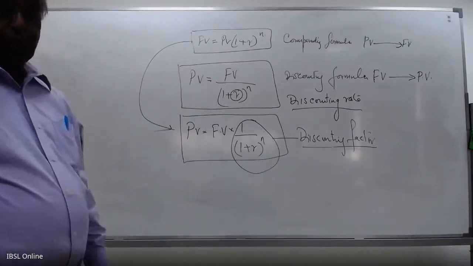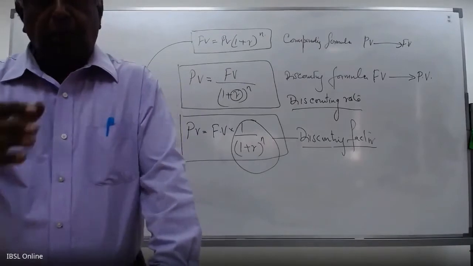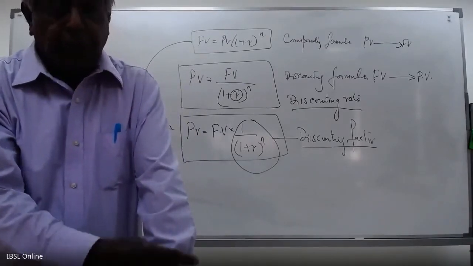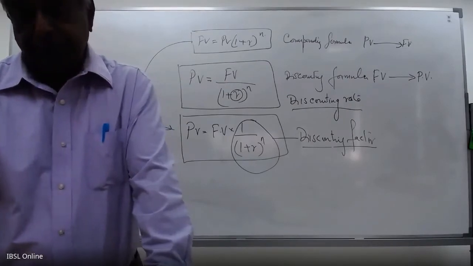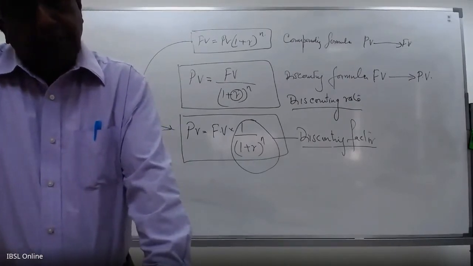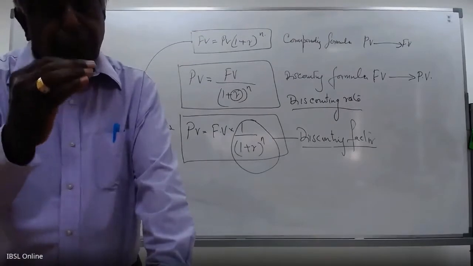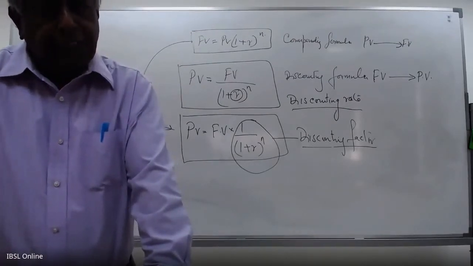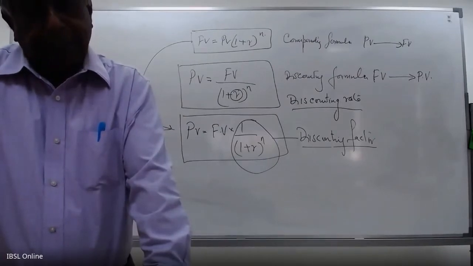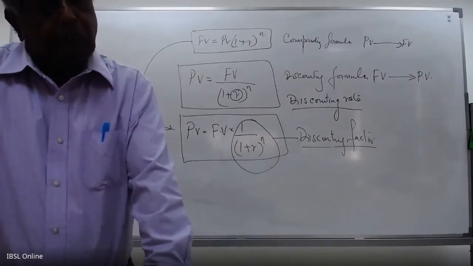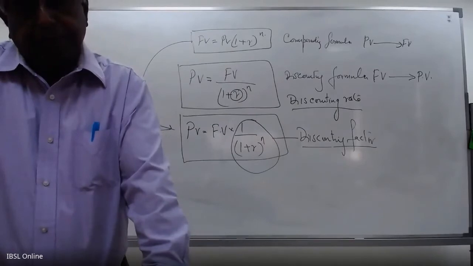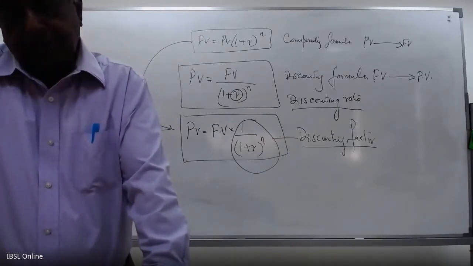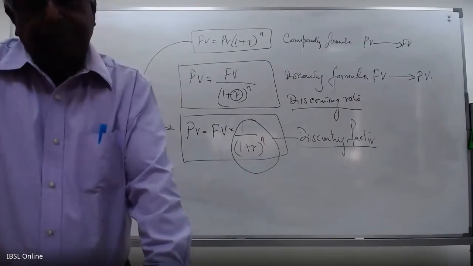So now you know what you mean by present value, what you mean by future value, and what you mean by time value of money. Then you know what you mean by compounding, compounding rate, compounding factor.